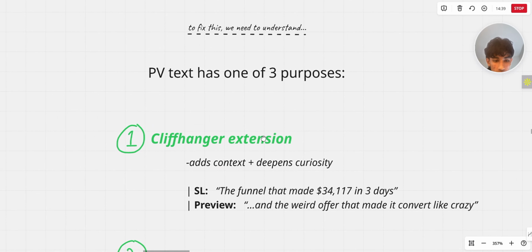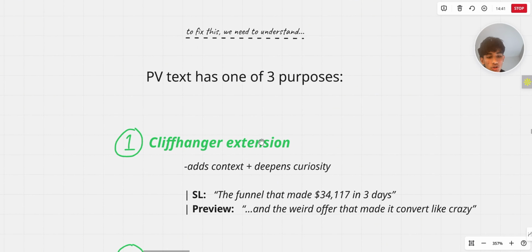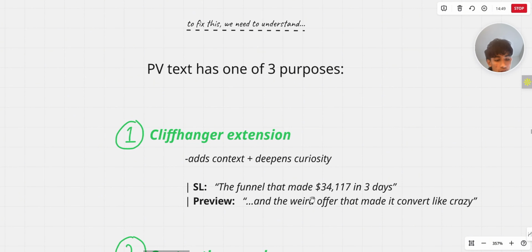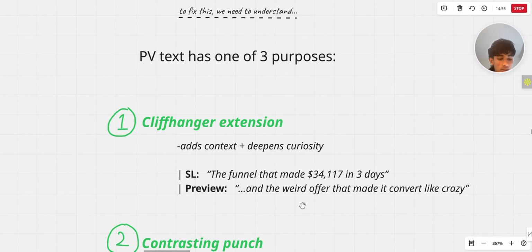Now, the first one is what we call the cliffhanger extension. All you're doing here is adding context and deepening curiosity. For example, the subject line could be something like, the funnel that made me $34,117 in 3 days. And then the preview could be something like, and the weird offer that made it convert like crazy.